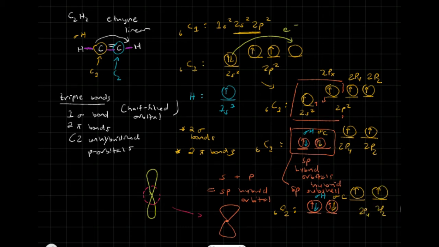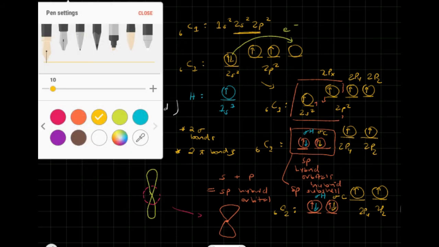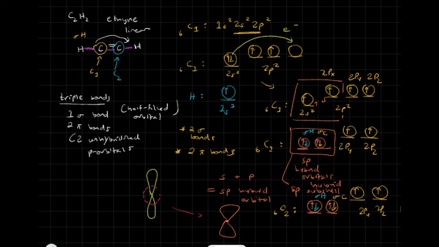Okay. And so you've seen that we've accounted for all of the sigma bonds. Now what we have to account for is the unhybridized p orbital. So there is an unhybridized p orbital here, and this forms one of the pi bonds, right? And there's also an unhybridized p orbital here, and this forms a pi bond. Make sense? So that's how we can demonstrate this using electron configuration.